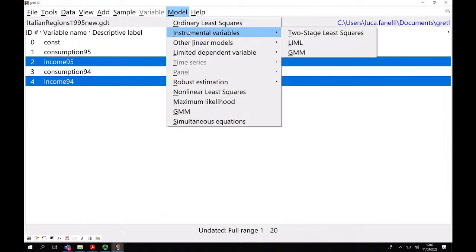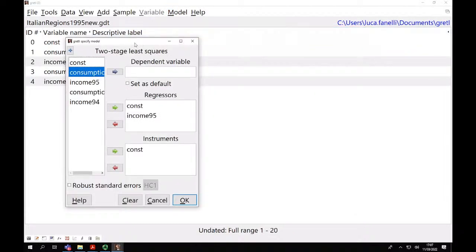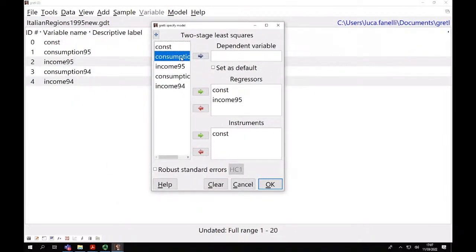So, I'll do the following. I move to a new estimator, two-stage least squares, but don't worry, we'll come back on Monday to the theory, so you will fully understand what I'm doing. The dependent variable is consumption 95, and those are the regressors. Look, I have a new box here, instruments.